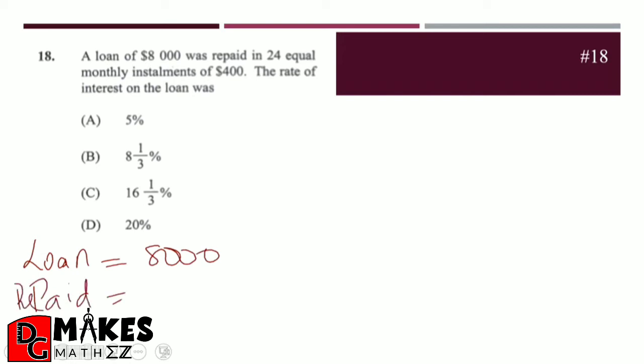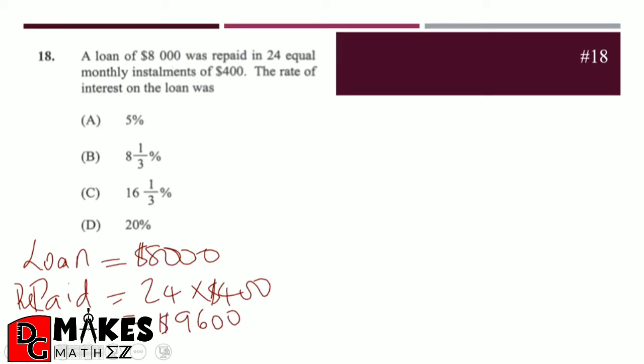How much was repaid? That's going to be 24 times $400, which is going to be $9,600. All right, you do your multiplication on this side.